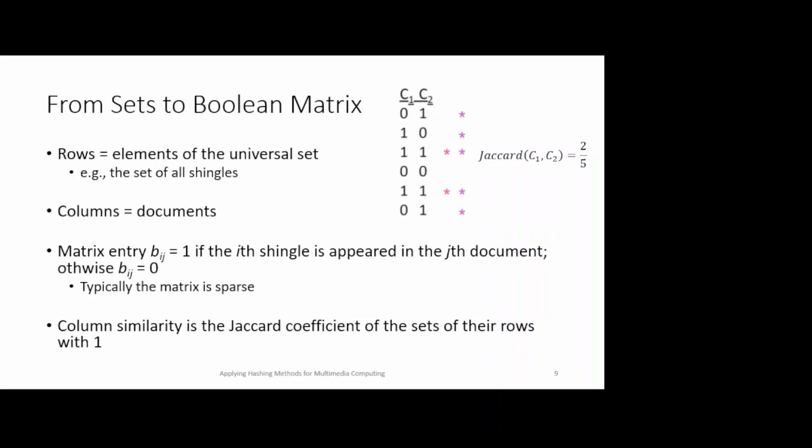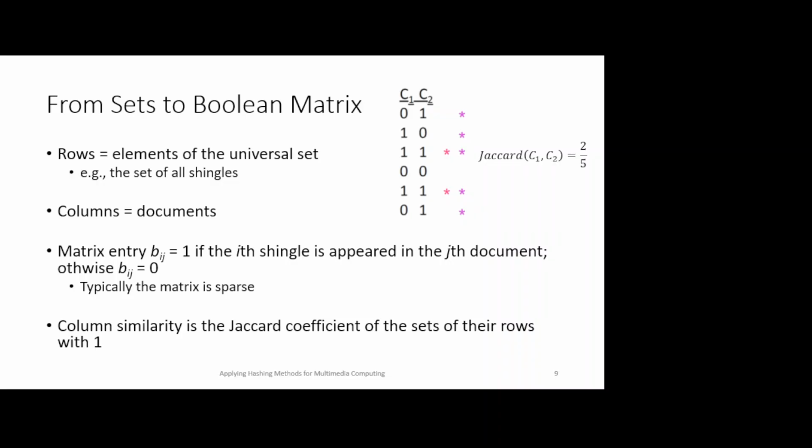If we convert the shingle set into a binary matrix like this, we can compute the similarity in a similar way. We can check the intersection or the union from this matrix, so the Jaccard coefficient can be computed like this.